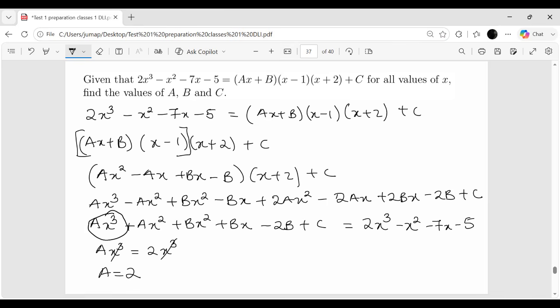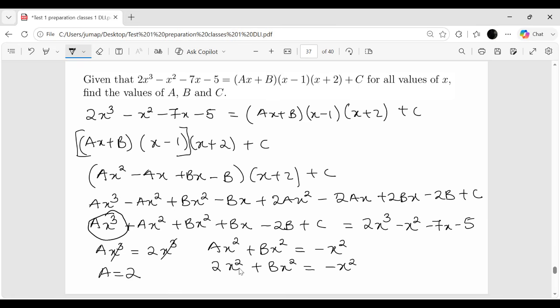Yes. Okay. Then here you have ax squared. So we're going to say ax squared plus bx squared, so you are going to equate it to what? To the one which is negative x squared. So you already have your a. Okay, so don't forget about that. a is 2, so you replace here with 2x squared plus bx squared is equal to negative x squared.